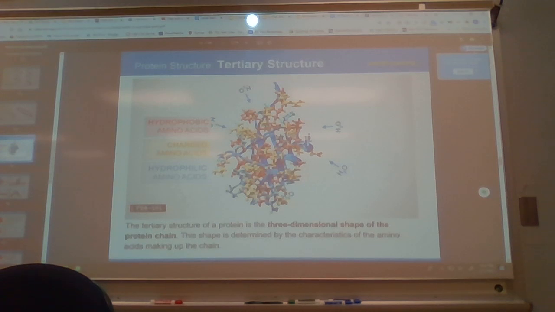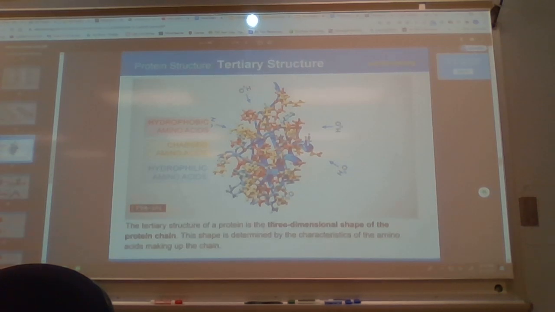Tertiary structure is where it gets pretty complicated, and this tertiary structure depends on the properties of the side chain. So the hydrophobic amino acids are going to want to be on the inside, and the charged and hydrophilic ones are going to want to be on the outside.